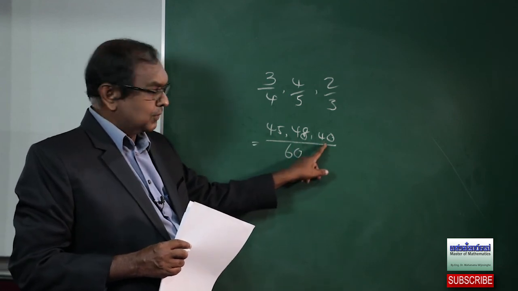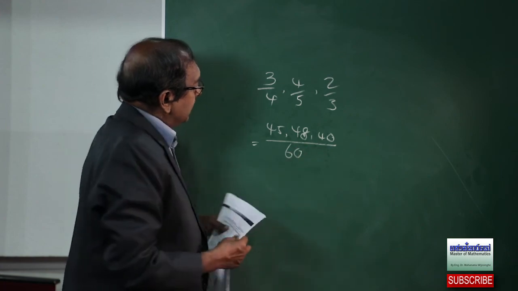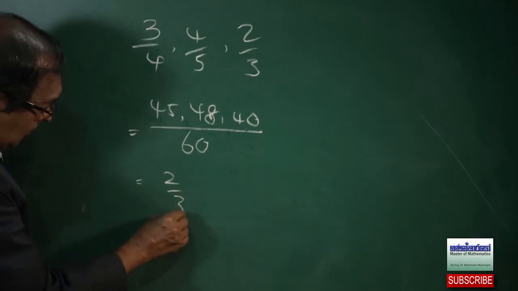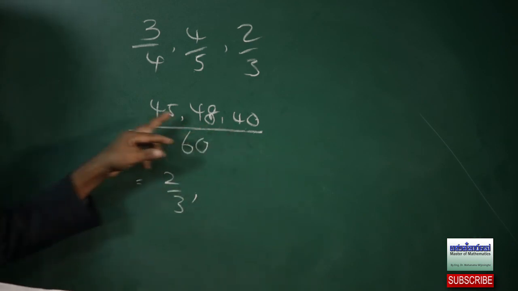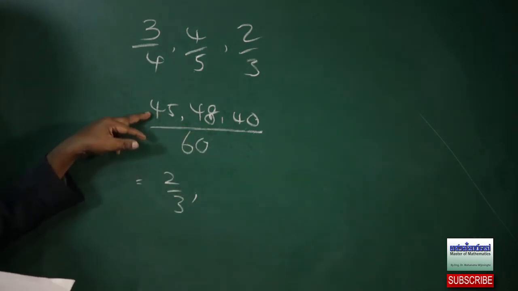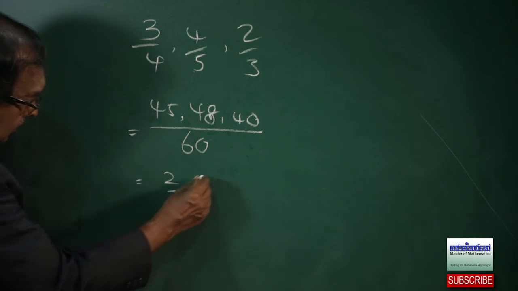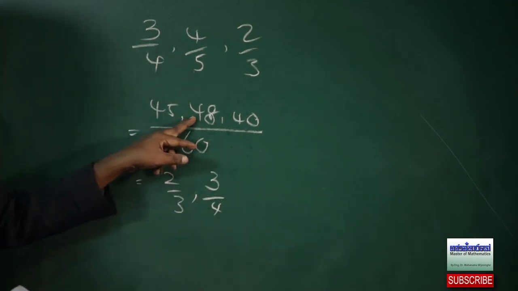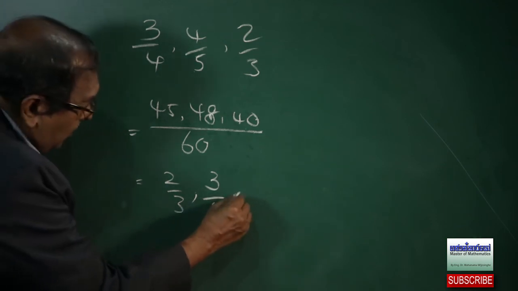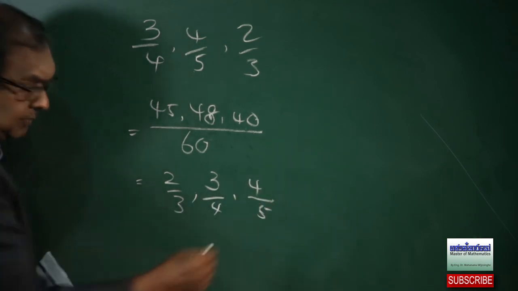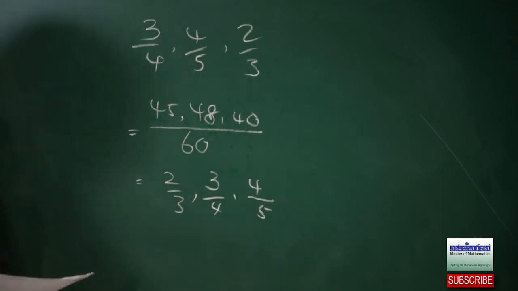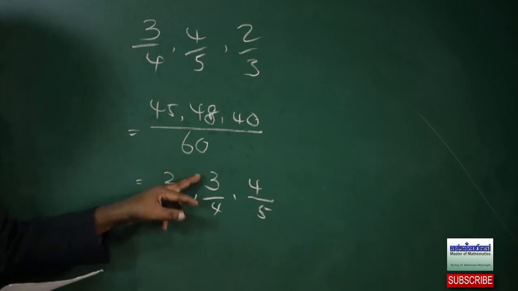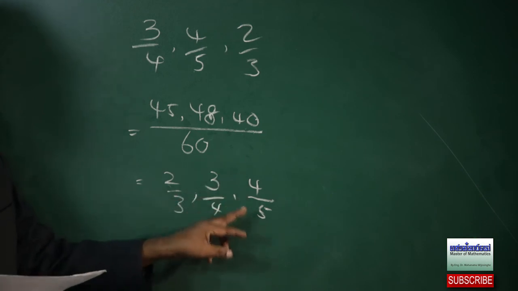The smallest value is 40. 40 means 2 by 3. Then the second value is 45, which is equal to 3 by 4. The highest value is 48, equal to 4 by 5. Then the ascending order is 2 by 3, 3 by 4 and 4 by 5.